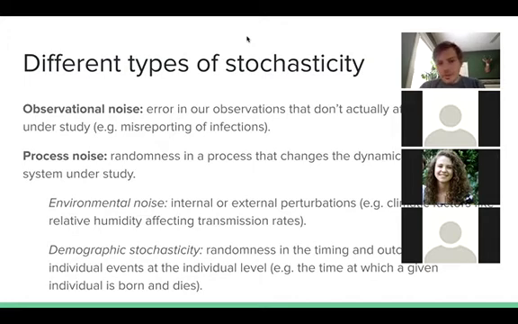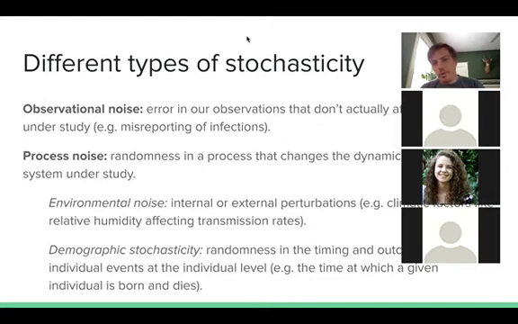So observational noise is just errors in our observations or due to our limits in the level at which we're able to observe a particular system. The classic example of this in infectious disease epidemiology would be that there's just oftentimes misreporting in case reports or the number of infections over time.